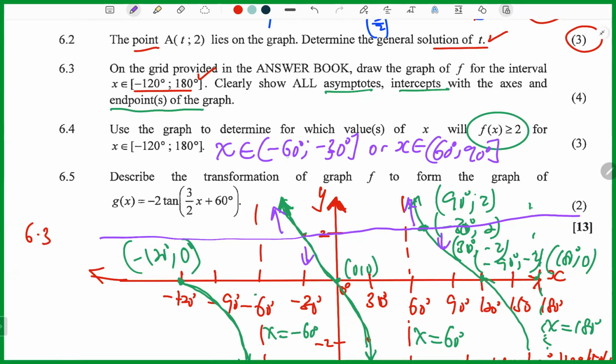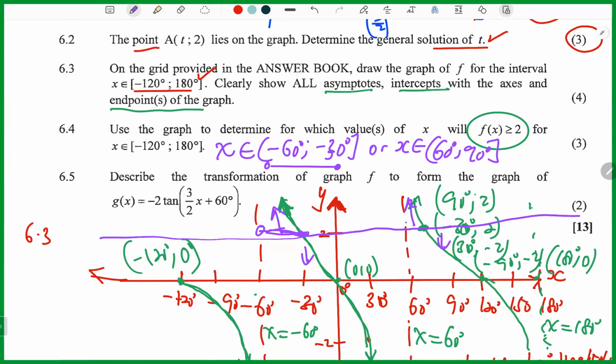So when x is an element of the interval from 180 degrees to minus 30 degrees here, you can see that the function is above.